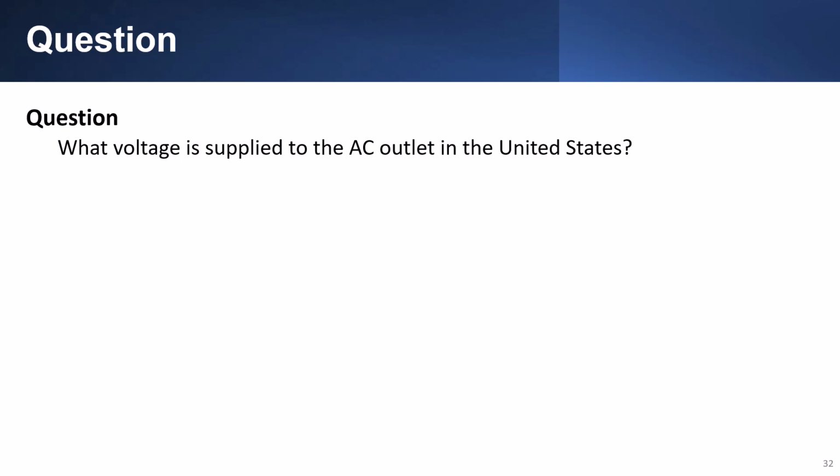Question: What voltage is applied to the AC outlet in the United States? Answer: 115 to 125 volts at 60 Hz.